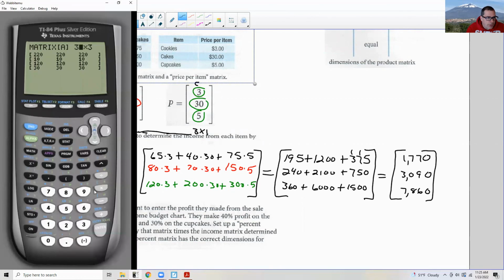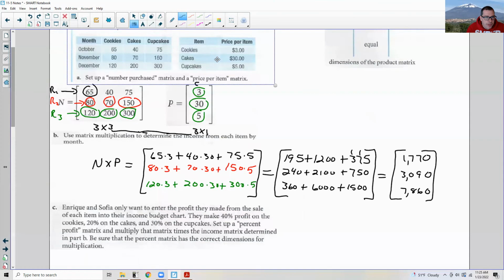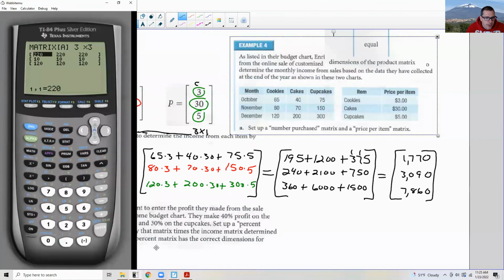So I'm going to say 3 times 3 and put the new values in, which are, just move this over so I can see it. 65, 40, 75.